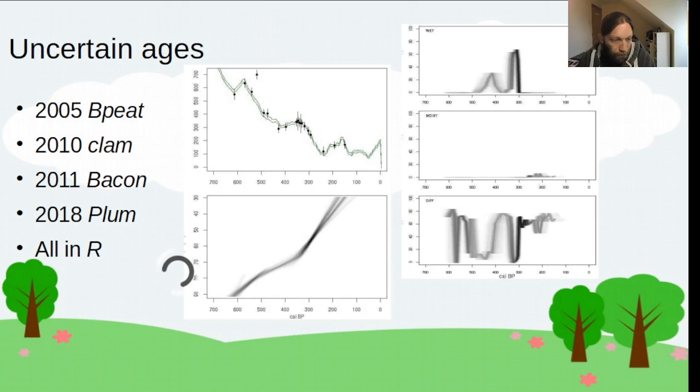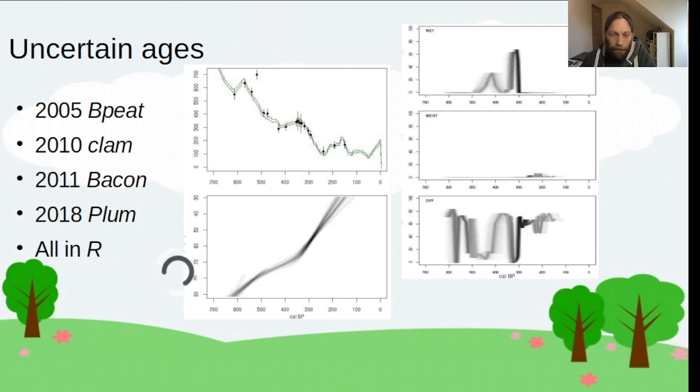Over the years, I've produced several pieces of software, including BPEAT, which has now been superseded by Bacon, also classical age-depth modeling software, CLAM, and lately we've also become more involved in lead-210 dating in a Bayesian framework, Plum. If you're interested in knowing more, please contact me.